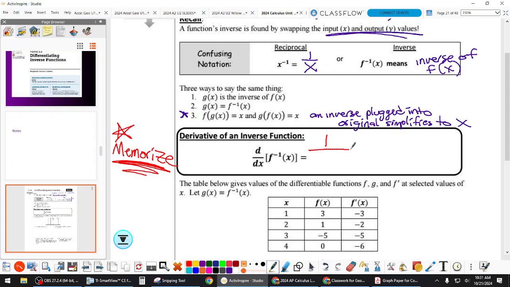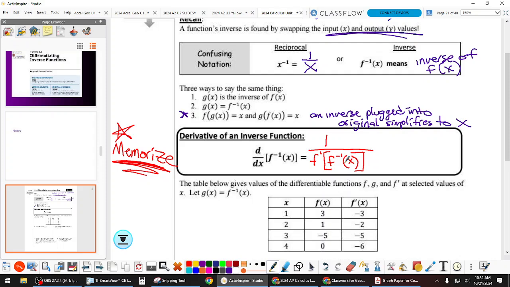So this is a fraction, 1 over, and we'll use the prime notation. I'm going to write it out and then I'll tell you what it means. So 1 over f prime, or df dx, of the inverse function at that point.